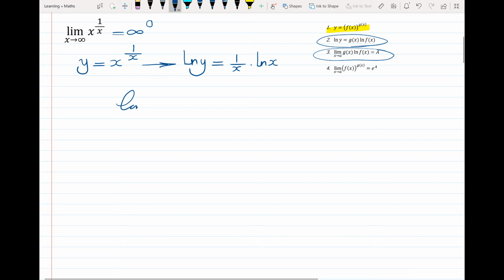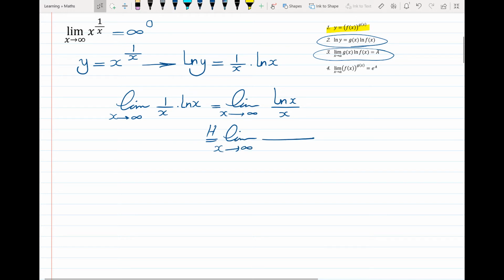So we want to find limit of 1 over x times ln of x as x approaches infinity. To find this limit with L'Hopital's rule, first we rewrite 1 over x times ln of x in the form of ln of x over x, and x approaches infinity. We take derivative of top and derivative of bottom separately.